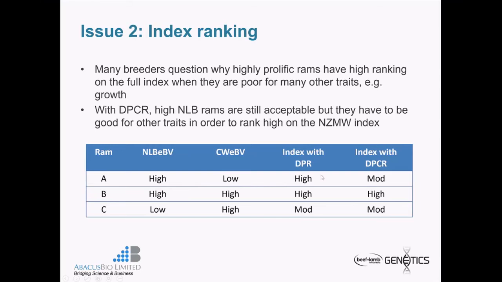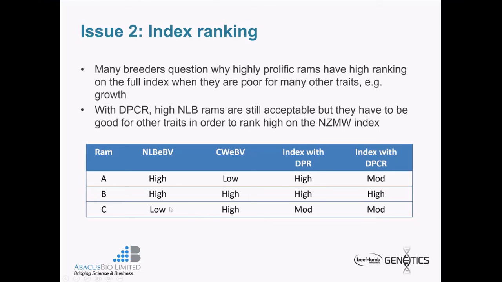And so his index with dual-purpose reproduction would be high because there's a strong weighting on litter size, and that would be enough to get him a high ranking. But his index with CAP reproduction would only be moderate because we wouldn't be giving him all of that credit for the high prolificacy. If we take Ram B, who's good for both traits, he's going to still rank highly on both of these indexes.